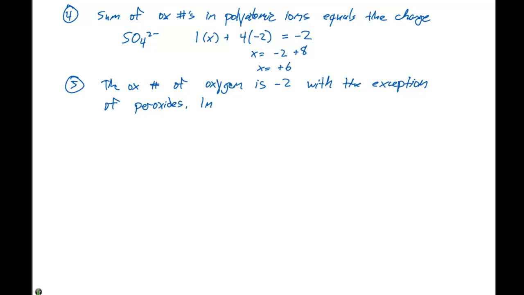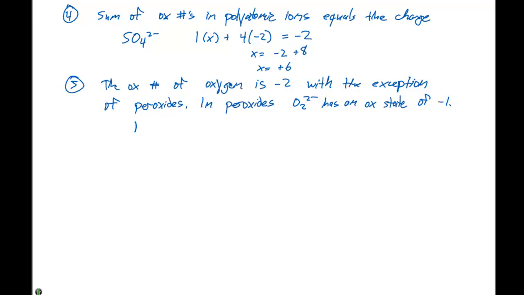In peroxides, O2 2- has an oxidation state of -1. So the oxidation state of oxygen is -1 in peroxides.